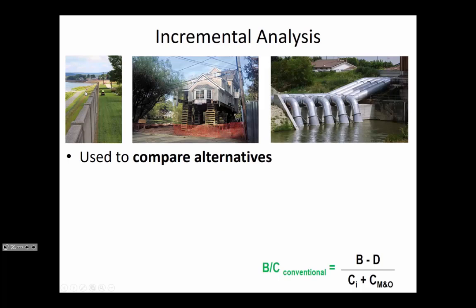So here's the conventional benefit to cost ratio. You can see that in the numerator we've got the benefits minus the disbenefits, which are disadvantages or whatever problems and concerns arise out of the project. And then the denominator we have the sum of the costs. And a really important thing that was emphasized in the in-class exercise that we did on Friday before the weekend, you have to move everything to a consistent time frame.